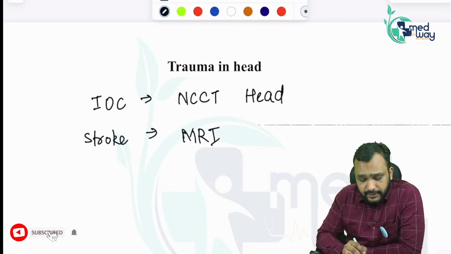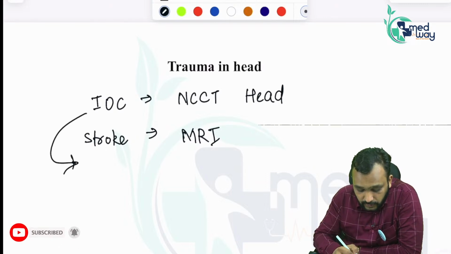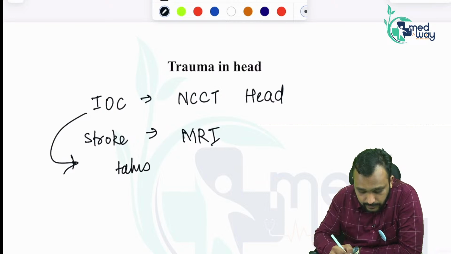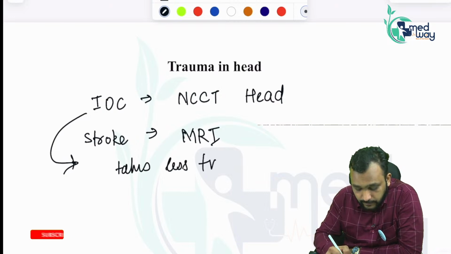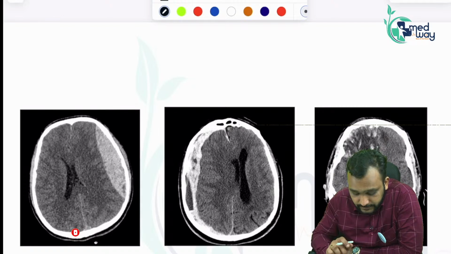So why is the investigation of choice NCCT head? Because it takes less time, and if there is any hemorrhage within the brain, it can be identified, right?